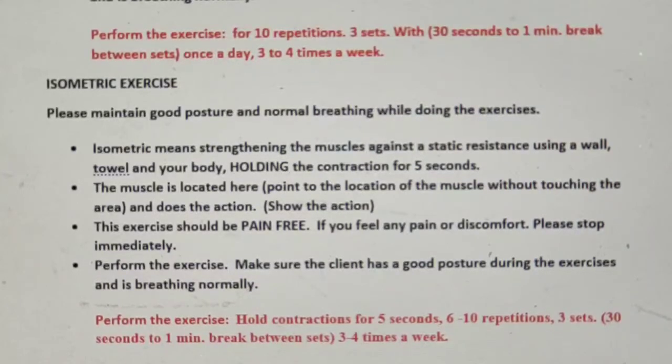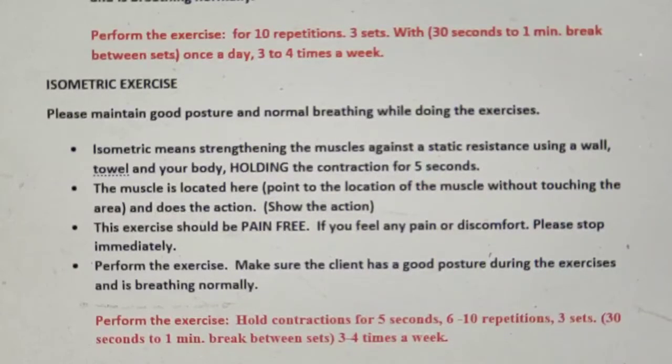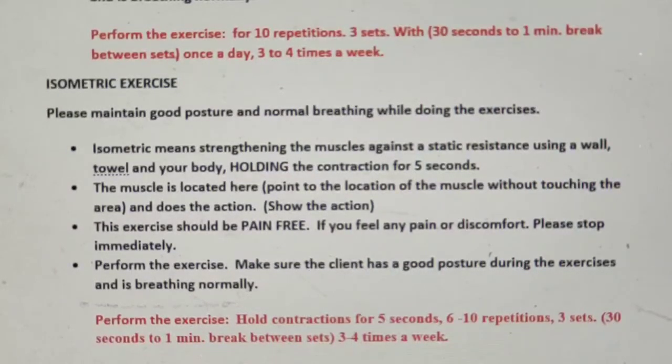And again, without touching the area, and the muscle does this action. You're gonna show the client the action of the muscle. Now this exercise should be pain-free. If you feel any pain or discomfort, please stop immediately. So this is a statement that you're gonna just say to the client directly, okay.